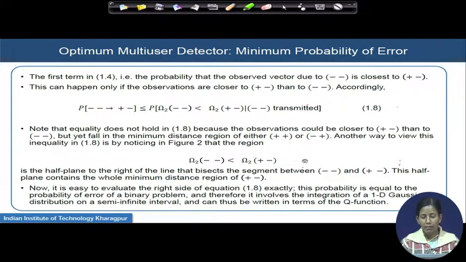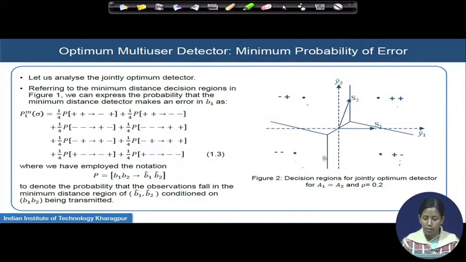This can happen only if the observations are closer to plus minus than to minus minus. For some reason I am detecting that I am here, because it is a minimum distance decision region based detector, right? So it tries to find out where the distance is minimum.